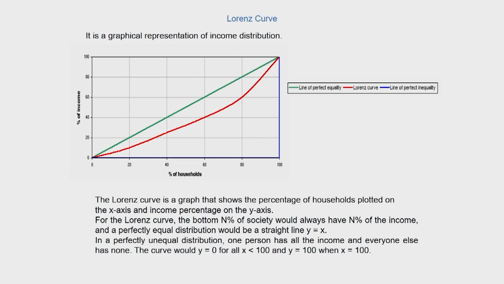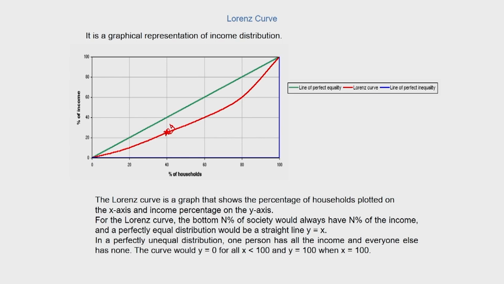So if we are plotting the y value here, which is about 24, then what we are essentially saying is that 40% of the households control about 24% of the total income or wealth.